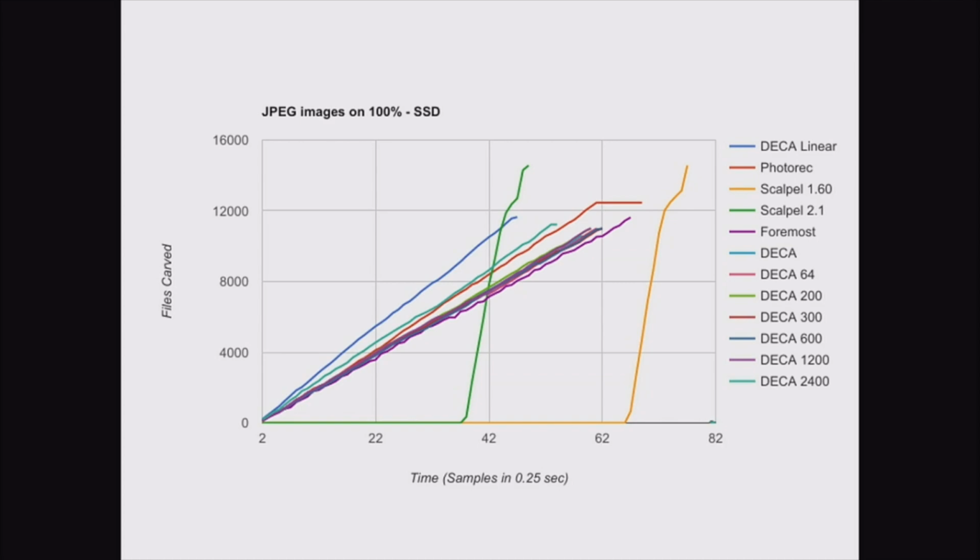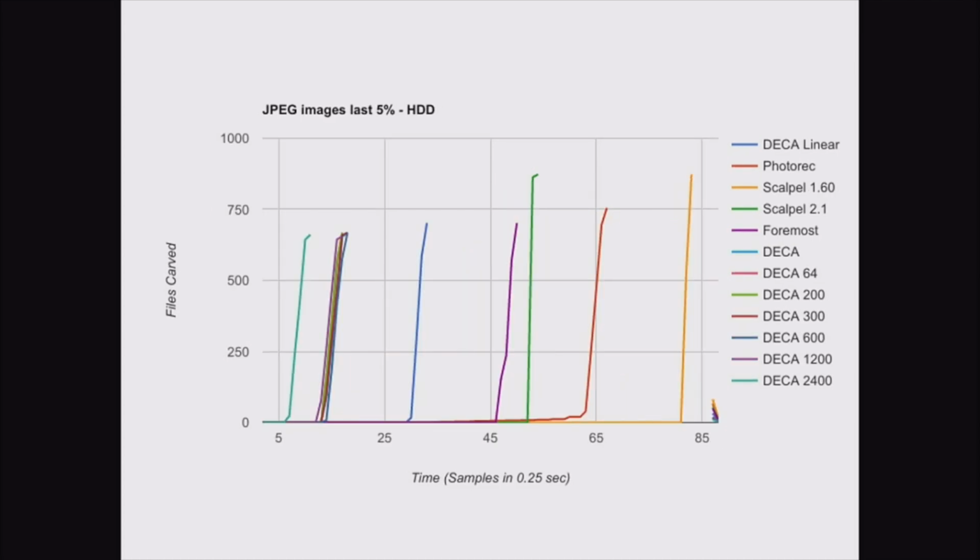Now, in the best case, more happy worms, you can see that this first group of worms on the left is our Deca Carver. We managed to discover about 80% of all files on the drive in about 1/5 of the time it takes Photorec and Scalpel to recover the same amount of files.